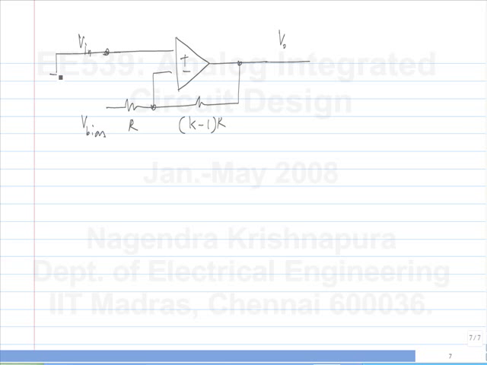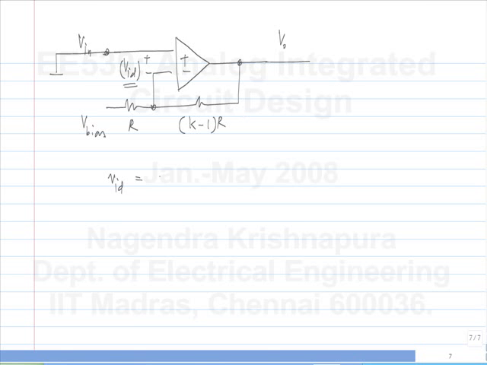I just want to make sure that the input voltage at DC is somehow related to the output so that we get negative feedback. So what is VID as a function of V0? Minus V0.